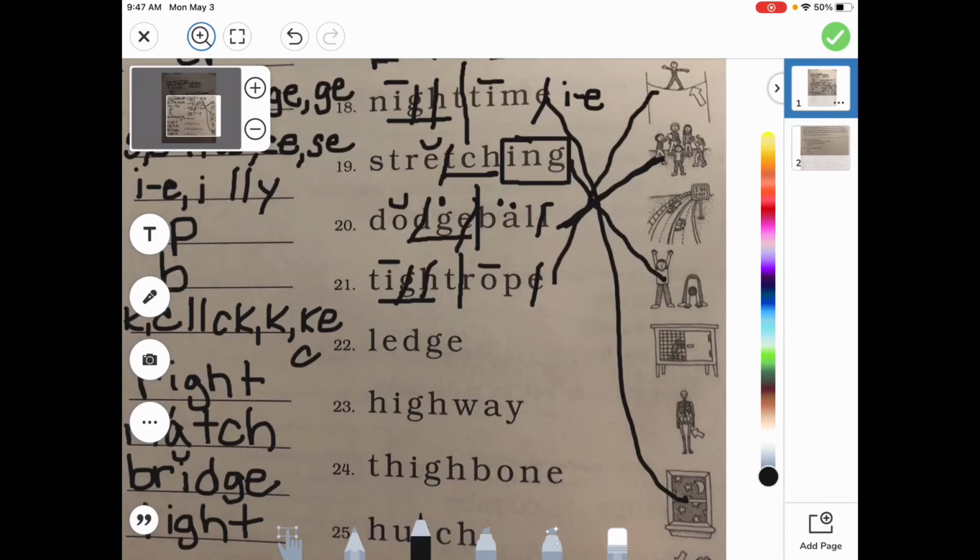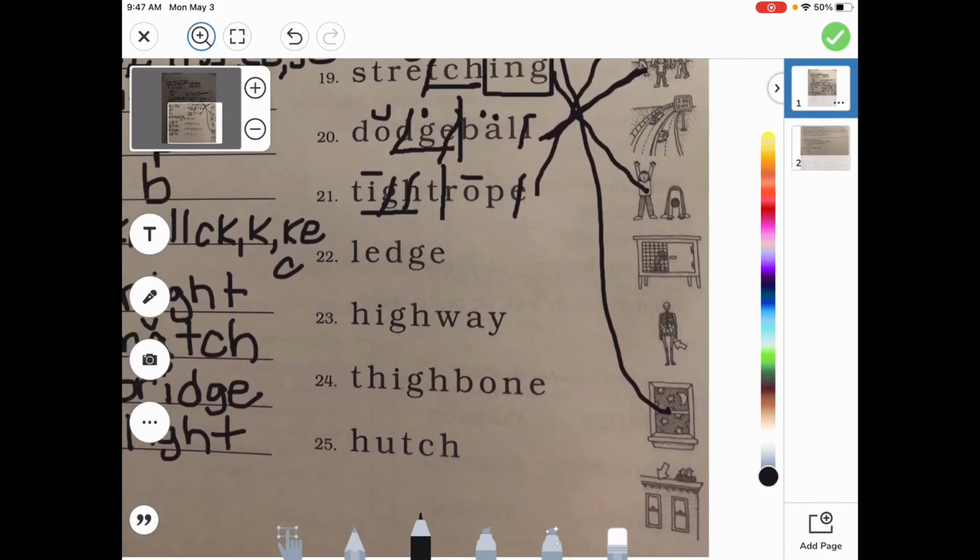We can connect it there. Ledge. Trigraph, DGE, very good. Silent D, silent E, and then that G that makes the J sound. My E has to be short because it's in front of that DGE, so where's a ledge? That's right, the ledge is on the end right here. It kind of goes over on top of the building.